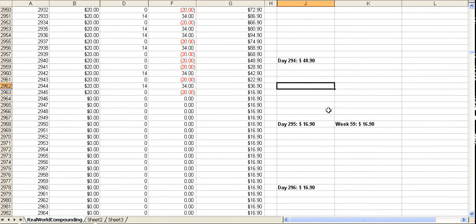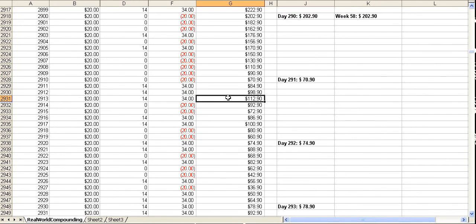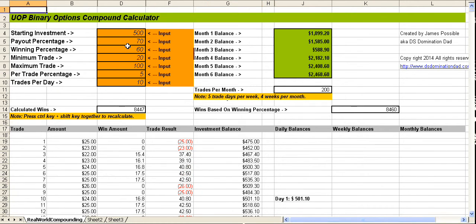Okay, so this looks like week 59. That's just a little over a year, so that's 60 weeks. You're gone, you're broke, and that's at 60%. So that's the point of this whole process, going through this calculator, so you can understand really what you're up against.